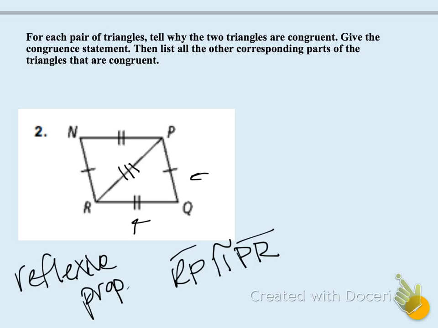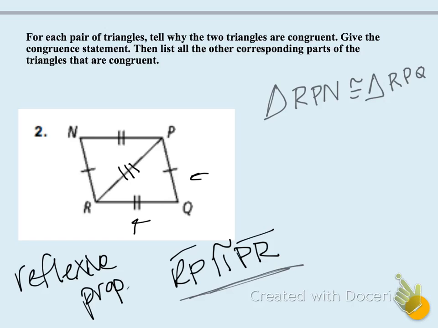So that means triangle RPN is congruent to triangle, match up all your angles here, RPQ. So now let's label corresponding lengths. So we already got RP right here. Then NP is congruent to RQ. And then we have NR being congruent to PQ.